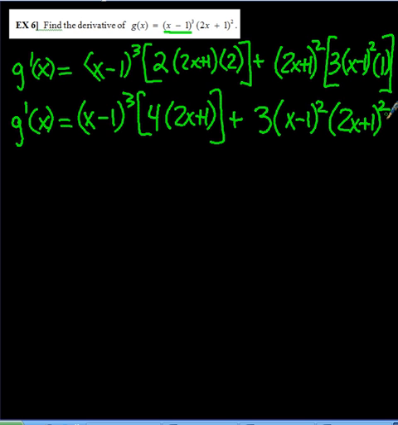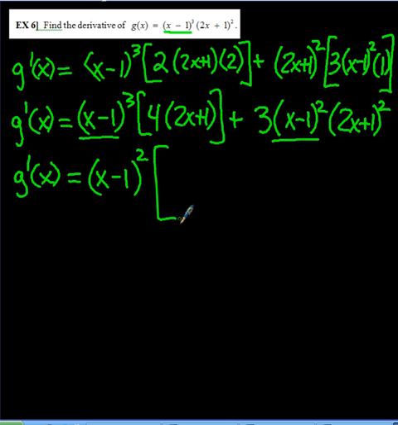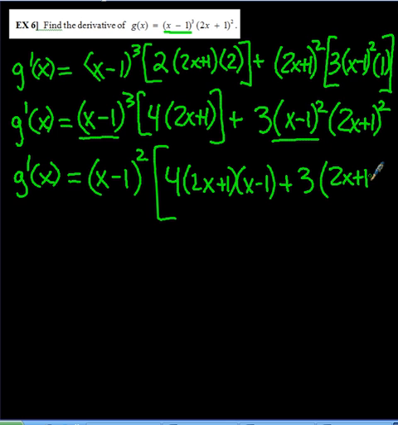The first term I'm going to factor out is going to be (x minus 1) squared. So I'm going to have g prime of x equals (x minus 1) squared, and then from there we'll have 4 times (2x plus 1), and then I'm also going to have (x minus 1) plus 3 times (2x plus 1) squared.